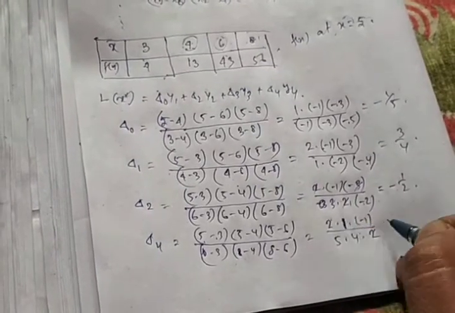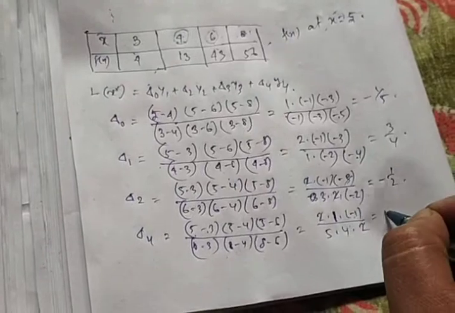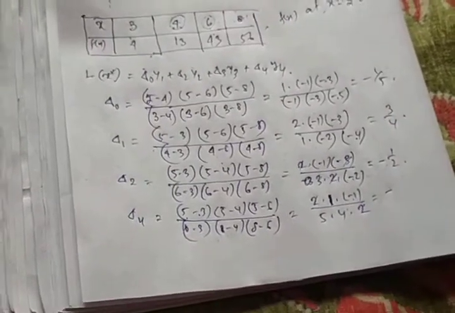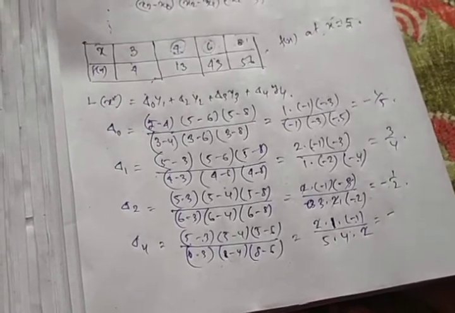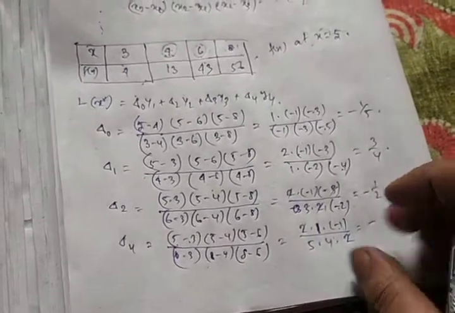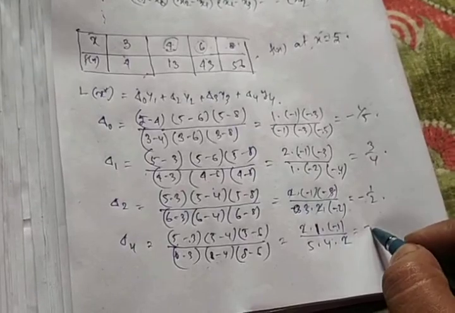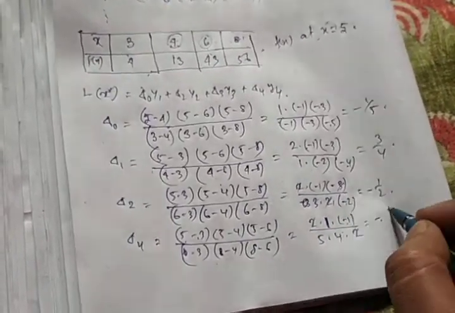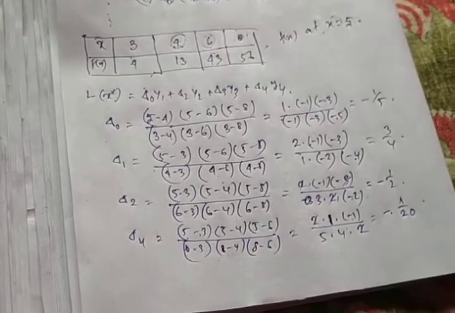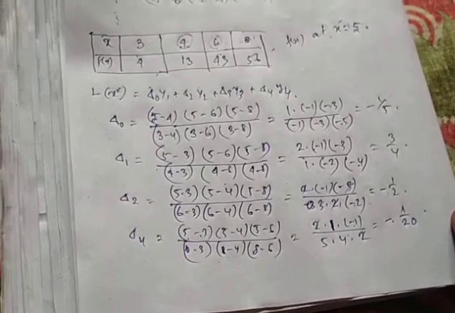So 2 will be cancelled out. There is also a negative number. So this is negative, and we will get 1 by 20.